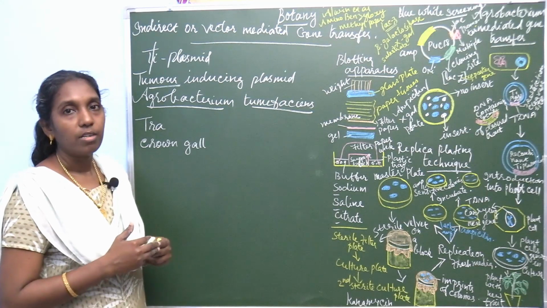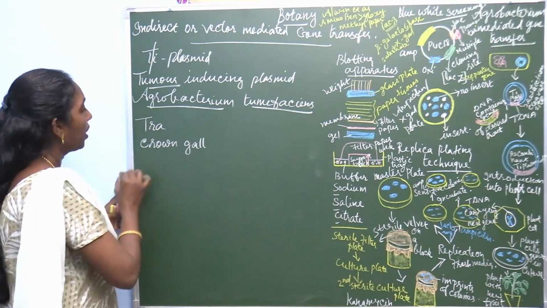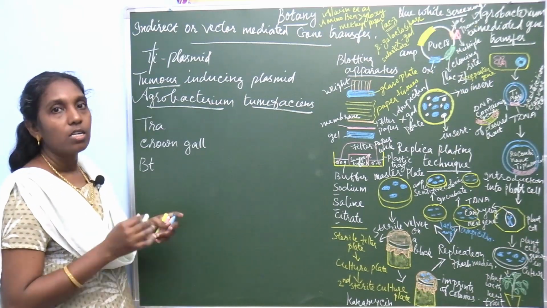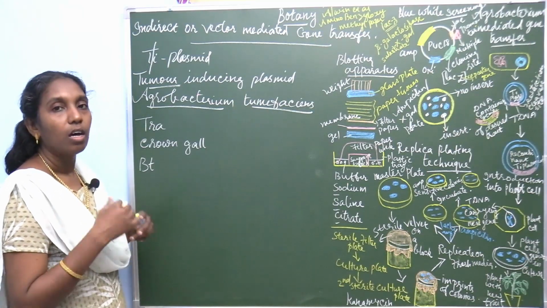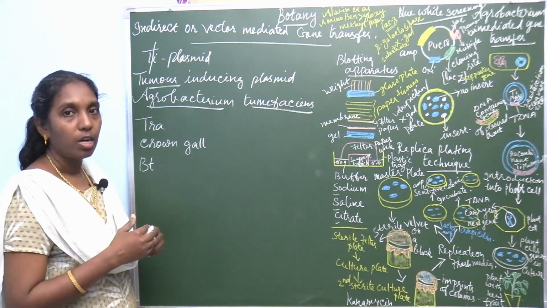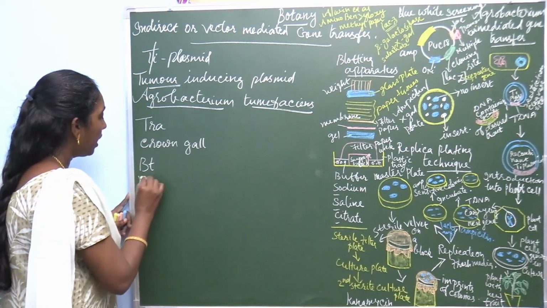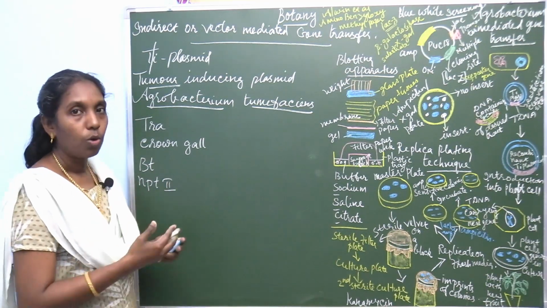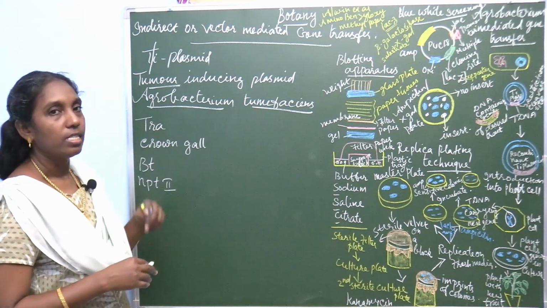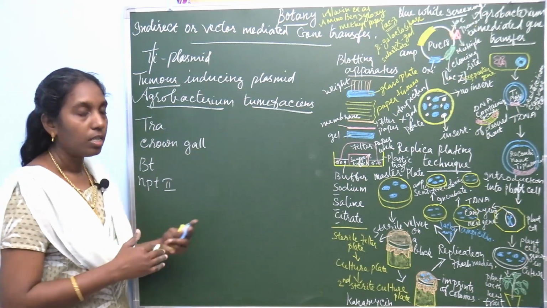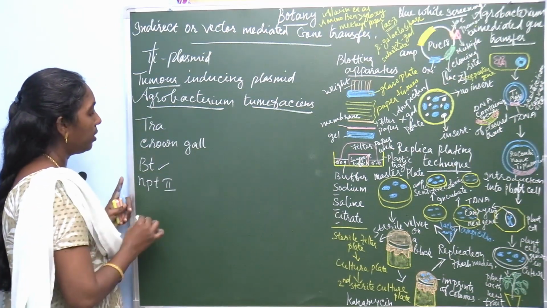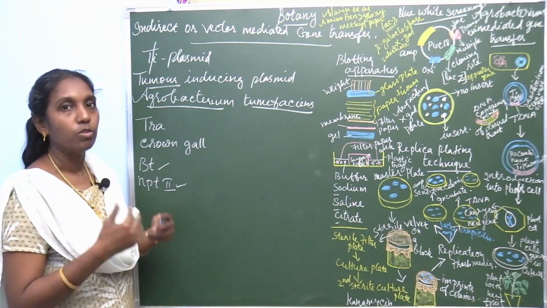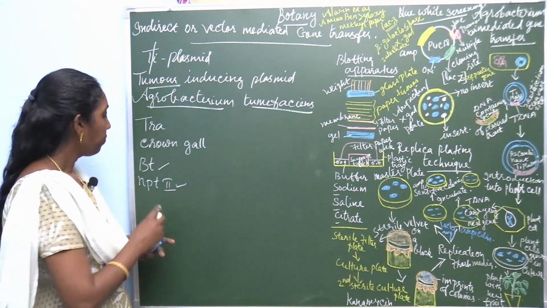For a disease resistant variety, there is another gene called Bt, from Bacillus thuringiensis. There is also a marker gene, an antibiotic gene, NPT2. These are also cloned by means of the Ti plasmid. The Bt gene is for resistance, to produce a resistant variety.